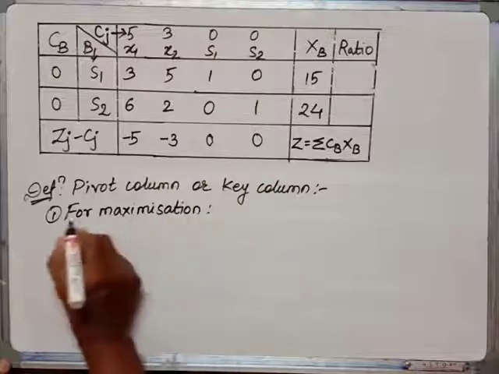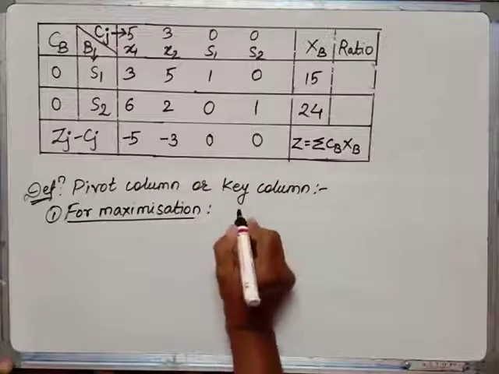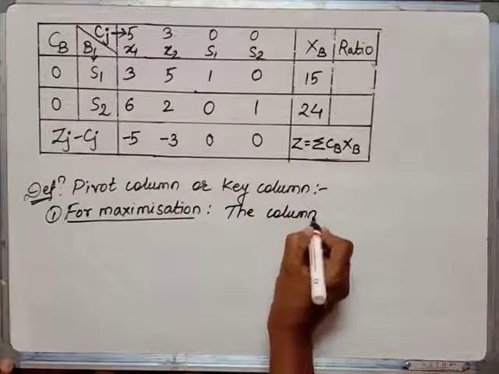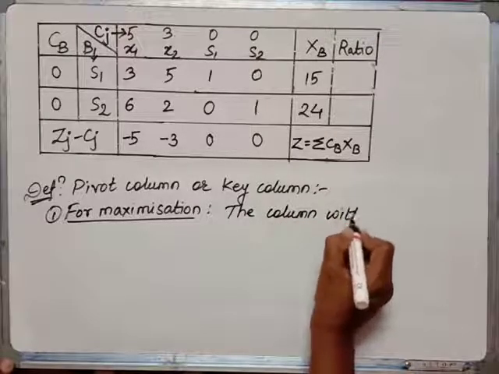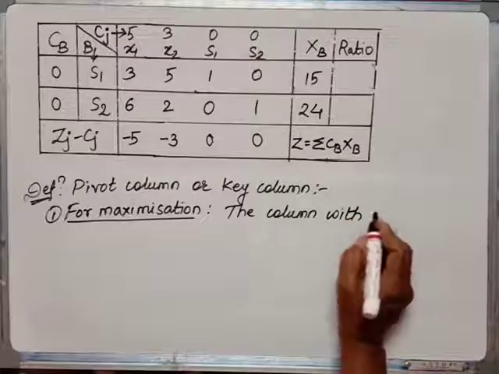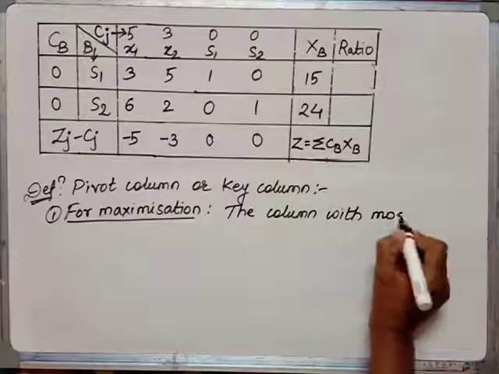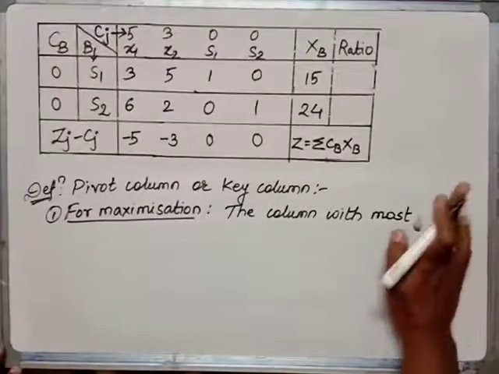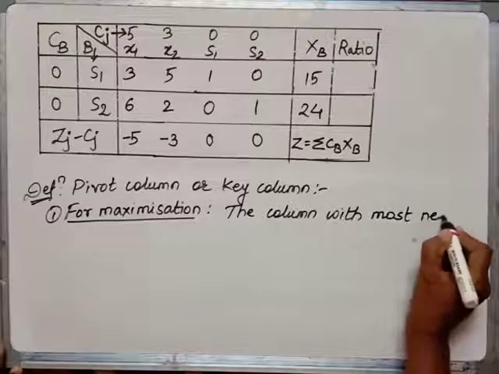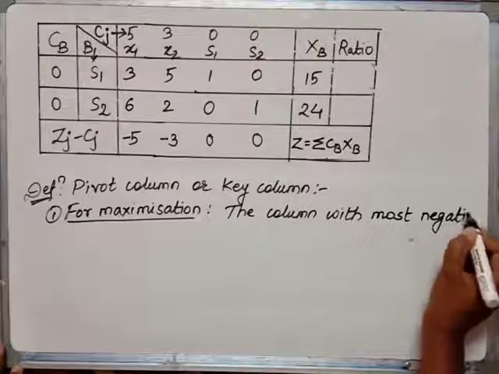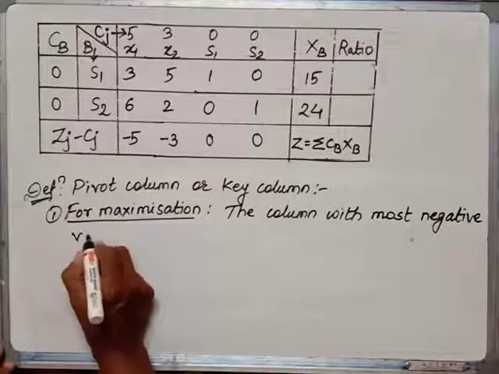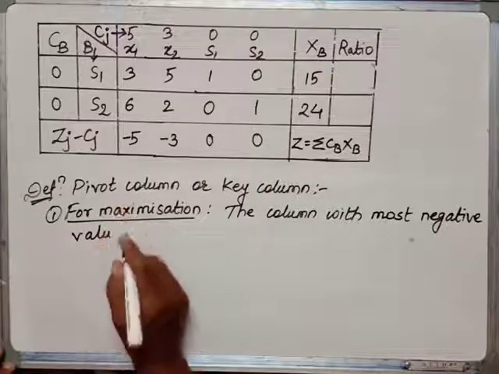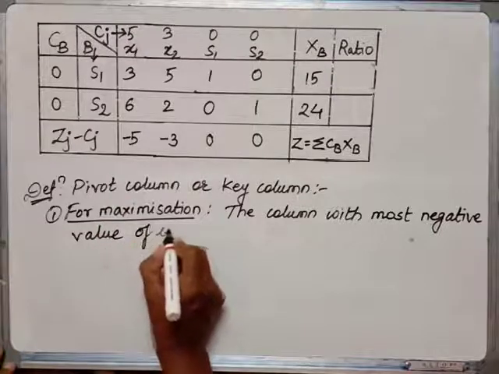For maximization, the column with most negative value of index row.